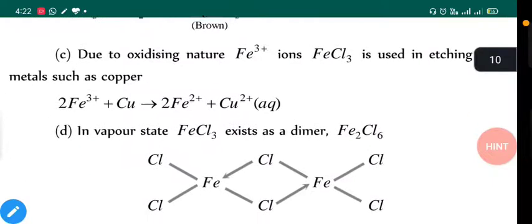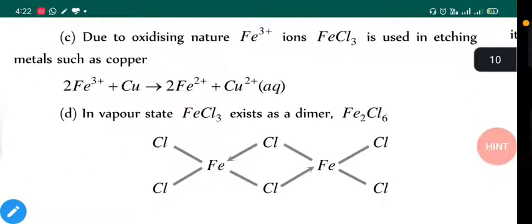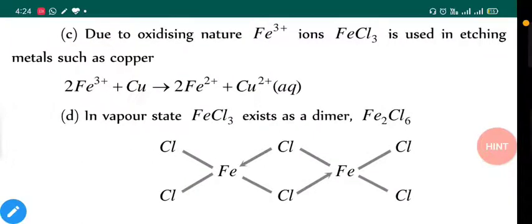Due to the oxidizing nature of Fe plus 3, FeCl3 is used in etching metals such as copper. Etching means we can imprint images on the surface of metal. So we can use Fe plus 3 on the surface of copper to carve designs on the copper.